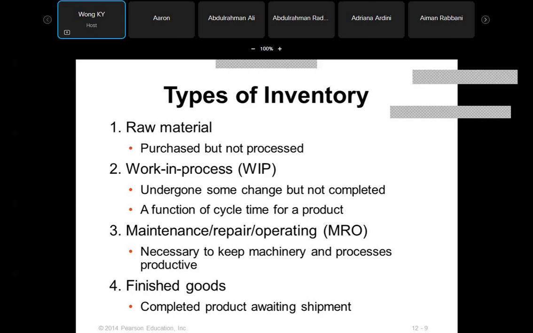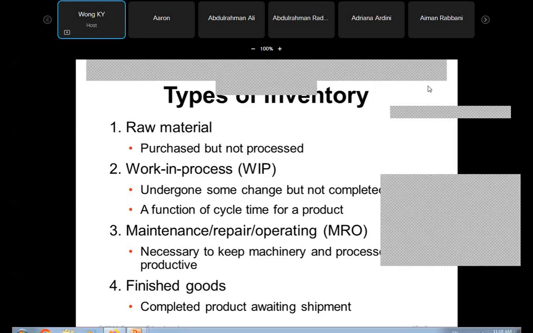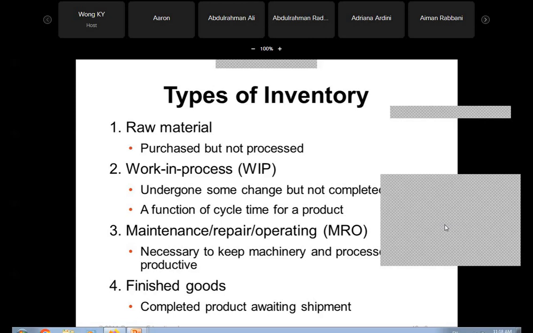Let me give you one example. For example, we are making a plastic bottle. Okay, let's say a mineral water plastic bottle. So anyone can tell me this plastic bottle is produced using which process or what process? Anyone knows? Okay, plastic bottle.